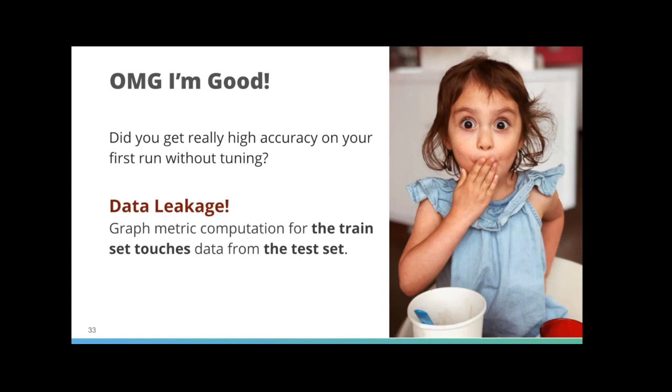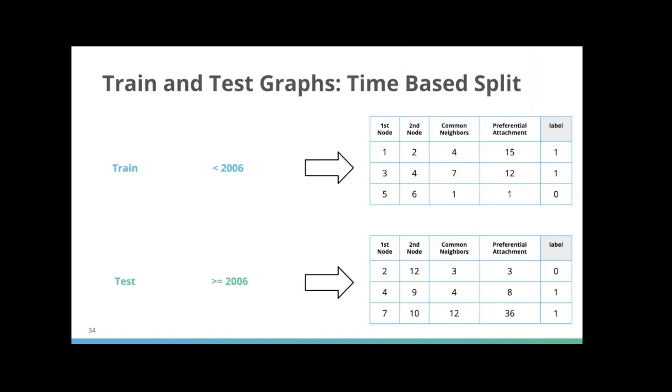One way you can combat this, and what we ended up doing, is a time-based split. We segmented all of the data: the articles and the co-author relationships that were written before 2006 we put into our trained model, and anything equal to or after 2006 for the co-authorships, we used to test.